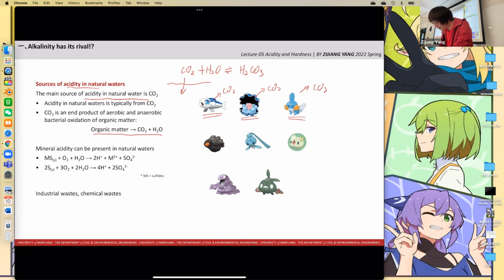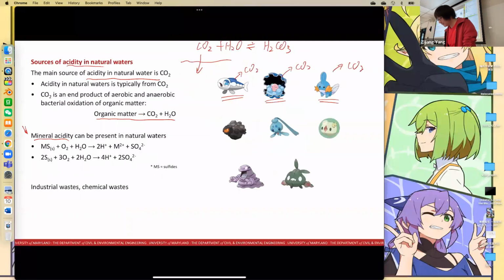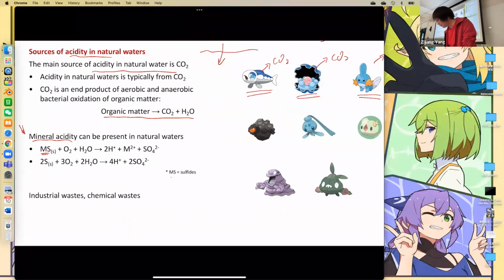Another source is mineral acidity, and it can be present in natural water because, for example, we have this. This refers to the sulfides, and M refers to metal ions.